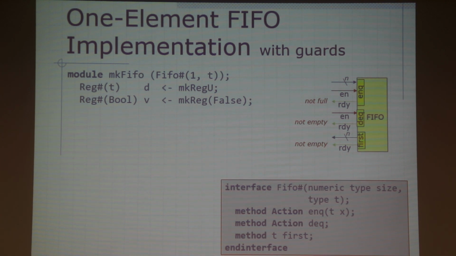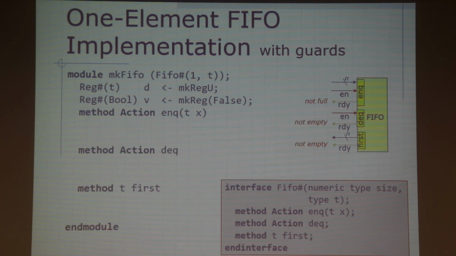So we will draw a big distinction between registers that can hold integers versus registers that can hold something else, versus say, no, I'm just going to think in terms of bits. So then it'll be the bit size you define. And then I have another 1-bit register which tells me whether it contains anything. It's empty or full. And which methods do I have to write? NQ, DQ, and first.